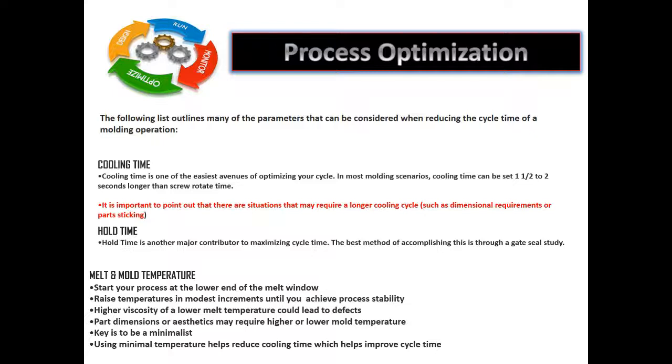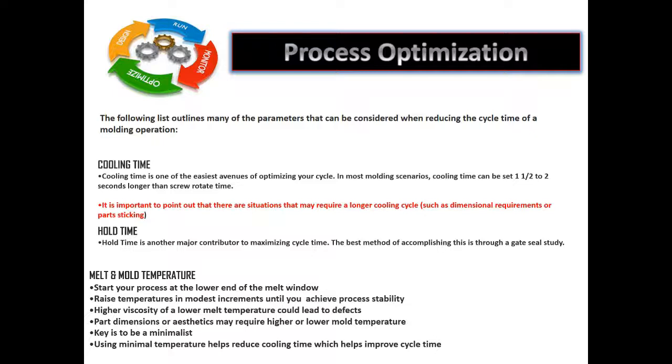You're basically going to raise temperatures in modest increments until you achieve process stability. And it's important to remember that higher viscosity of a lower melt temp could lead to defects. You might see problems with jetting, or you may even see a problem with burns because the thickness of the material as it knits causes shear, so you might have no choice but to raise temperatures.